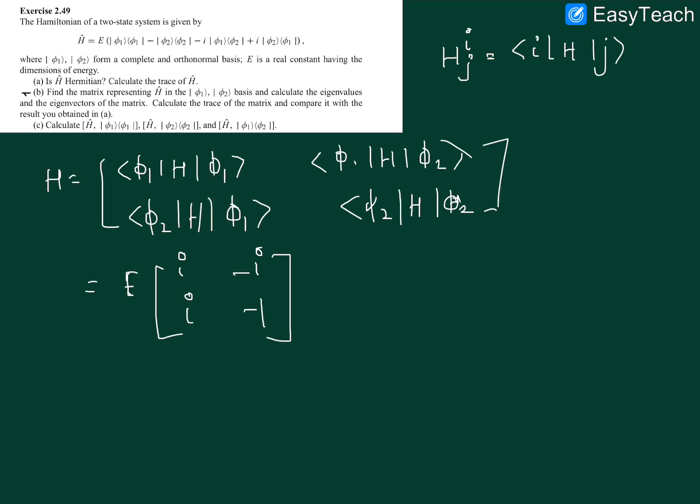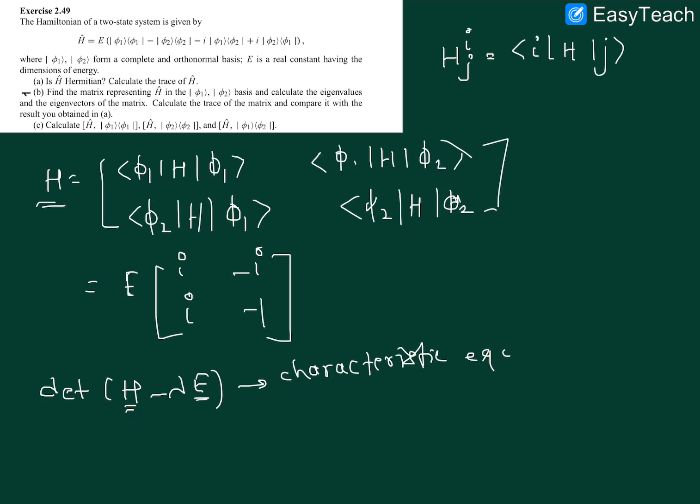Now we have to calculate the eigenvalues of this matrix H. So first we will form the characteristic equation for the matrix, and we get the determinant of H minus lambda I. Here it's the identity, not an energy one, so this one is identity.